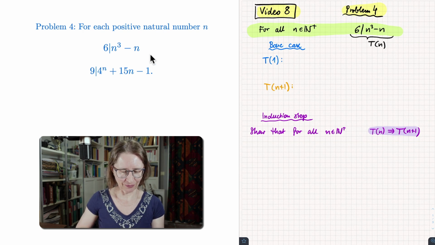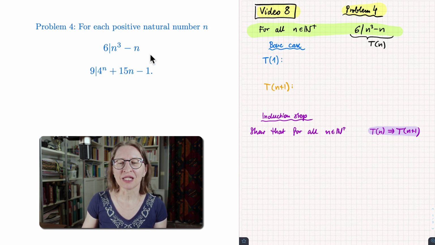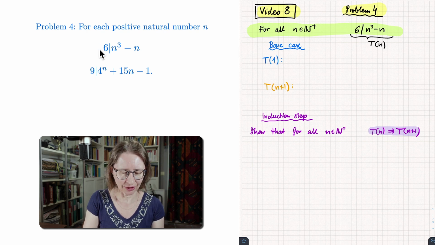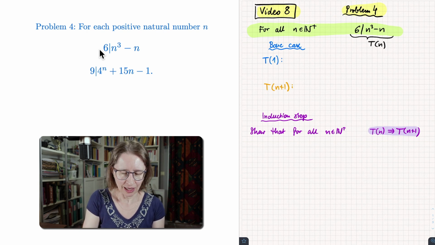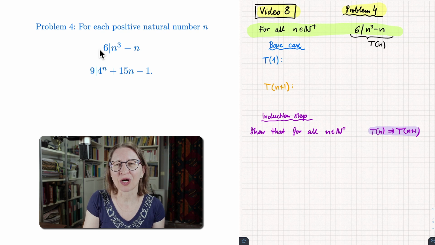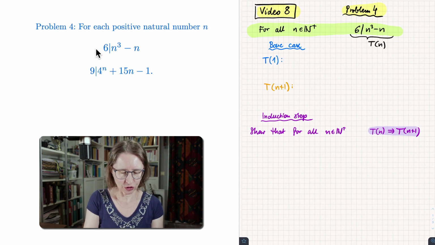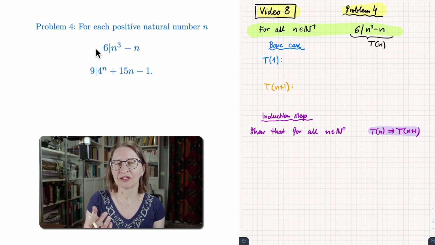Okay, so we start. Now, we need to find a way of writing down the induction thesis. So how can we write down T of n in a more mathematical way? Well, there is a way of writing down that some natural number is divisible by another natural number, in terms of multiples.